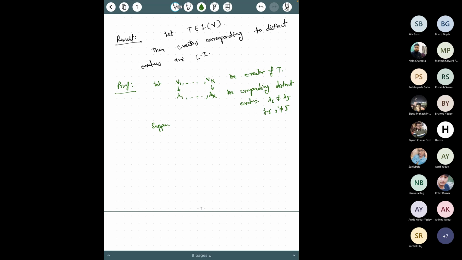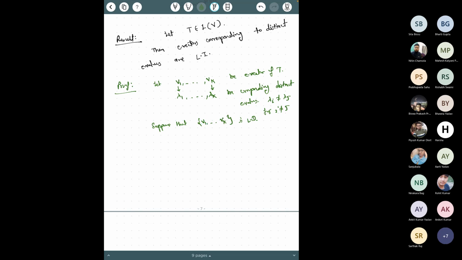Now suppose that these vi's are linearly dependent. If this set is linearly dependent, then at least one of them can be written as a linear combination of previous vectors. These are eigenvectors, so they are non-zero vectors. You start from v1; it alone is linearly independent.